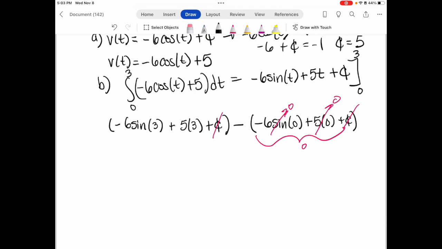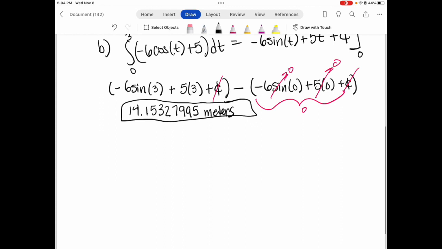Now, when I put in on the calculator -6 sine 3 plus 15, remember to make sure you're in radians. When you put that in, you're going to get 14.15327995. So this is going to be in meters because remember, this is displacement.